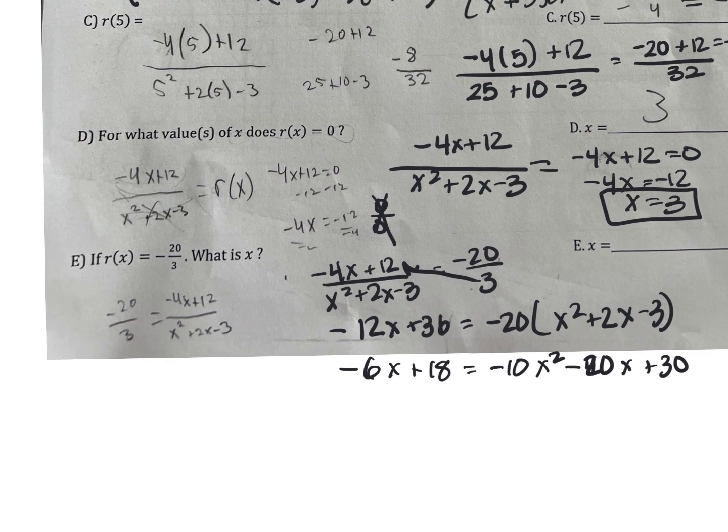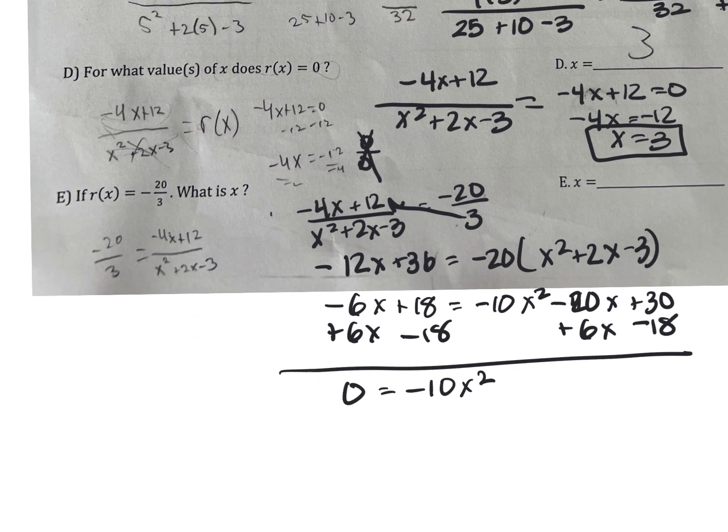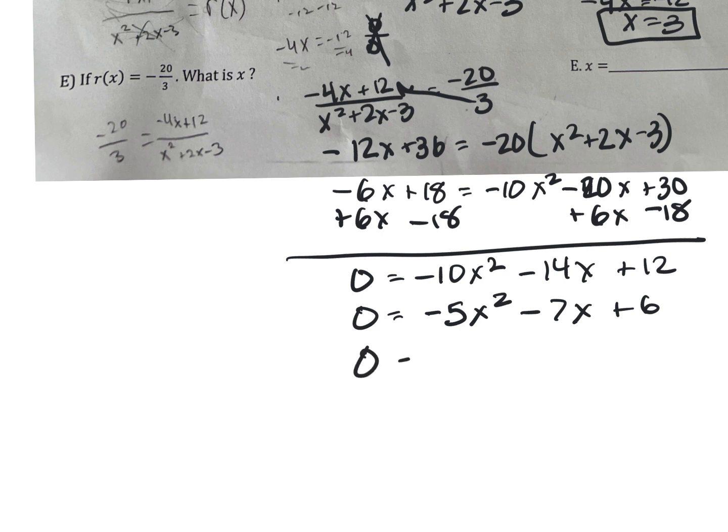All right, so let's add the 6x to both sides. Subtract the 18 from both sides. We get 0 equals negative 10x squared minus 14x plus 12. Let's take a 2 out, and let's take a negative out.